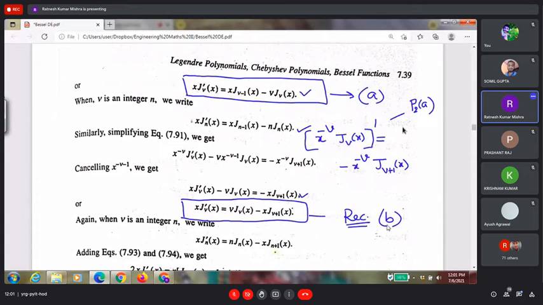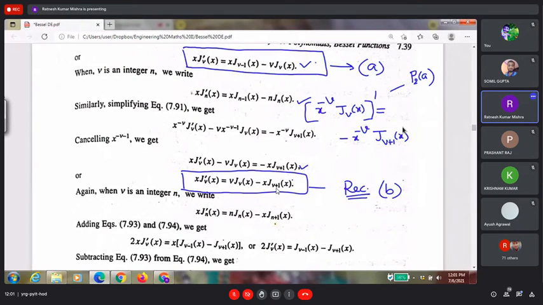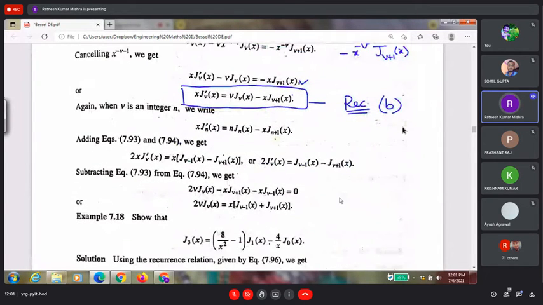B. So you can find A and you can find B. When you add A and B property, you can find C. If you subtract B from A, or subtract A from B, whatever, you can find the recurrence relation D. So by this one, you can find every recurrence relation.